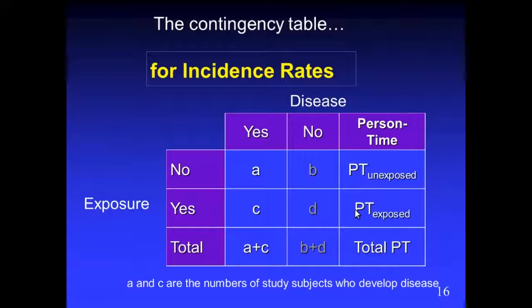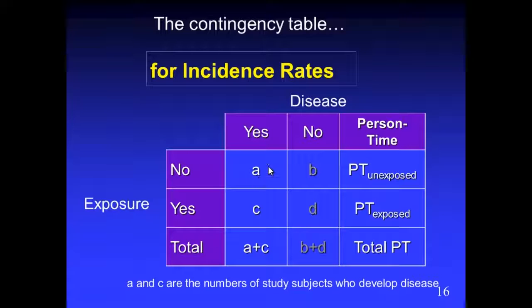And the person time in the exposed group is similarly contributed by people in the exposed group who got the disease, the C, and those who didn't get the disease. It's important to understand that the numbers B and D do not directly contribute to the calculation.